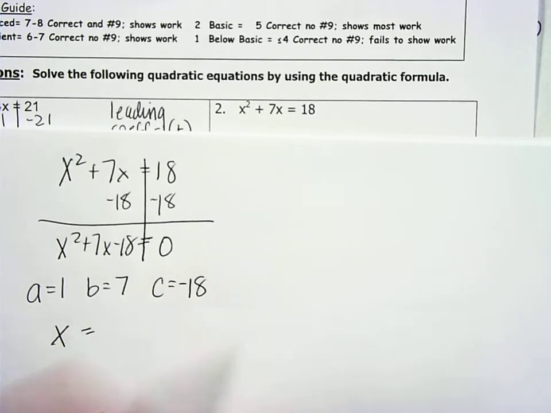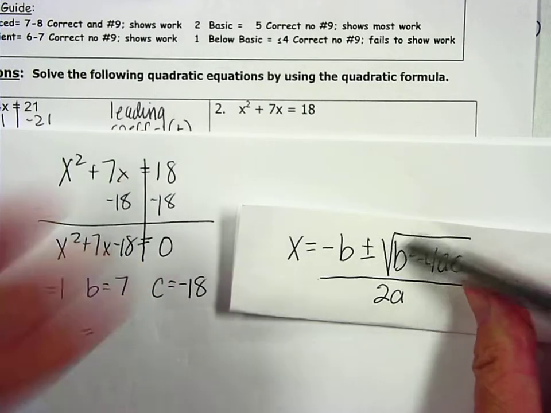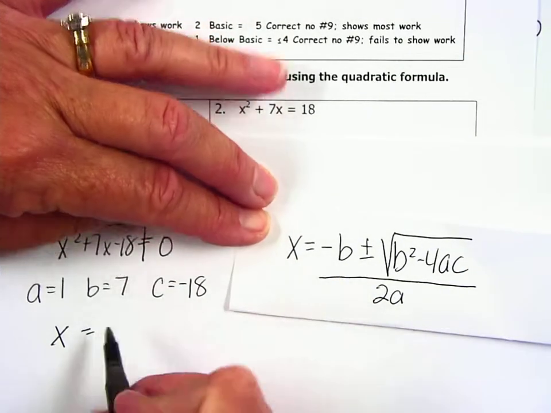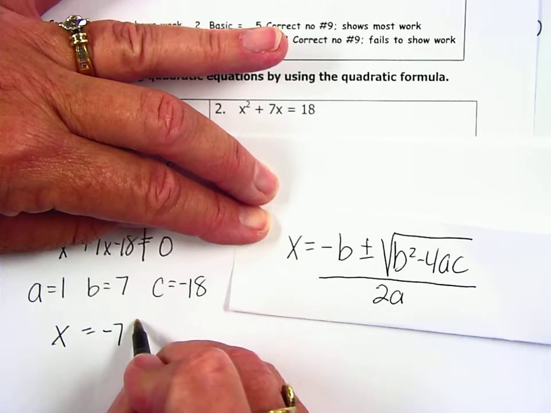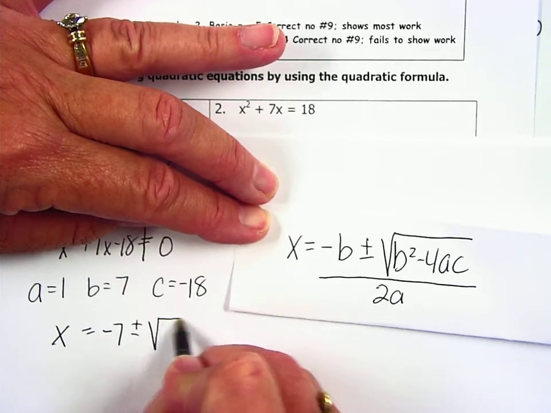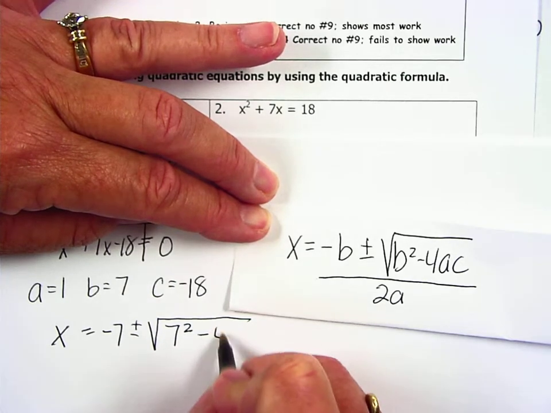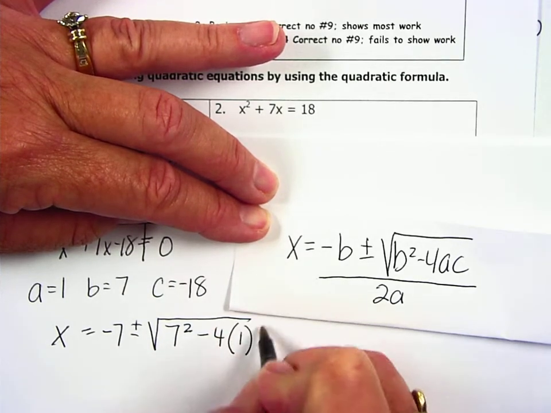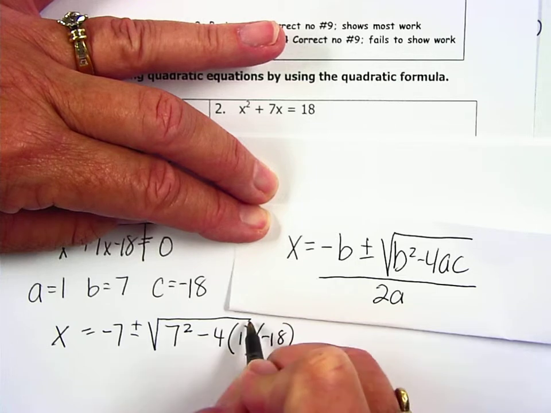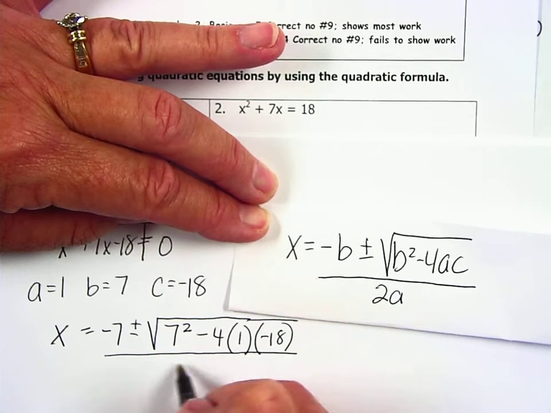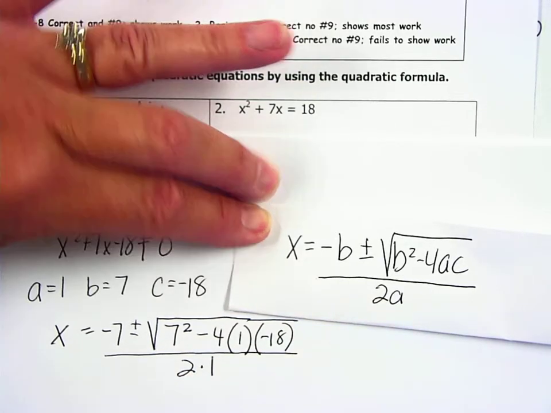X equals negative B, so that'd be negative 7 plus or minus the square root B squared minus 4 times A times C all over 2 times A would be 2 times 1.